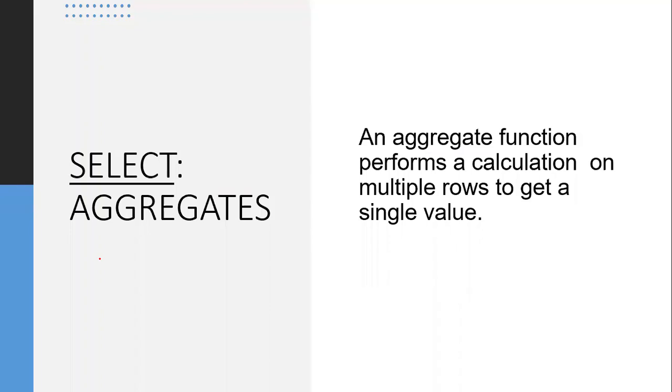So what is an aggregate function? Well, this is a function that performs a calculation. The calculation is performed on multiple rows. So some calculation is performed on multiple rows, and you obtain some single value as a result. A possible example that you could be familiar with is in school.